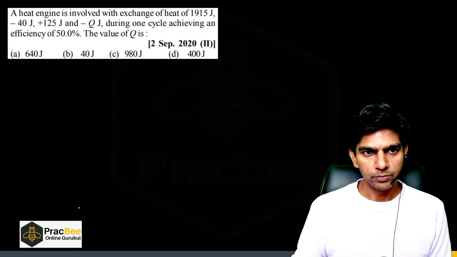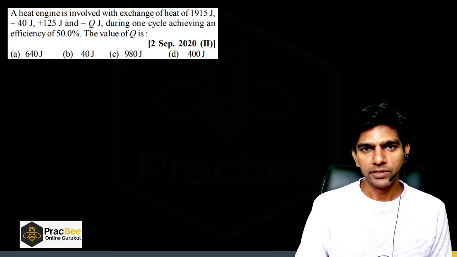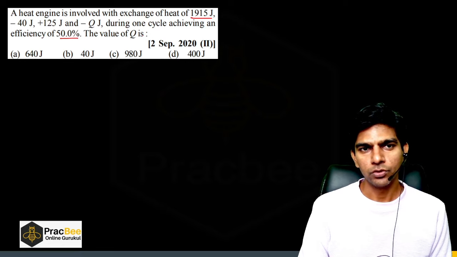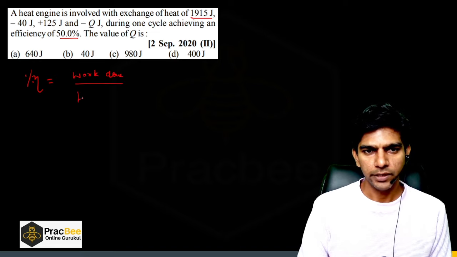Now let us see one more example. We have been given a heat engine involved with the exchange of heat of 1915 joules, minus 40 joules, 125 joules, and minus Q joules during one cycle, achieving an efficiency of 50%. Find the value of Q. Okay, so we know that percentage efficiency is nothing but work done upon heat supplied.